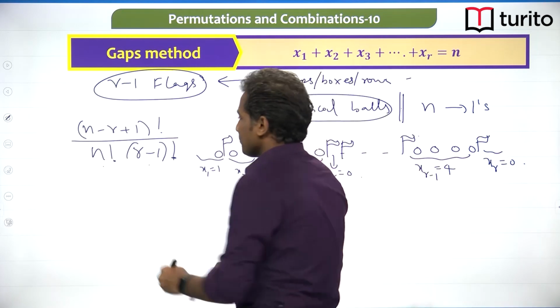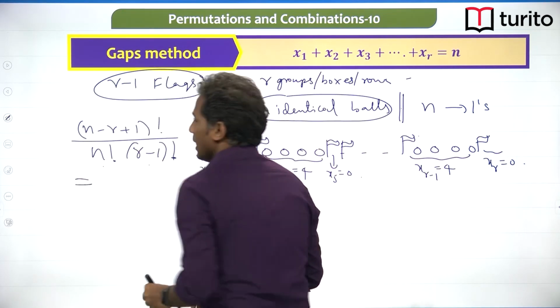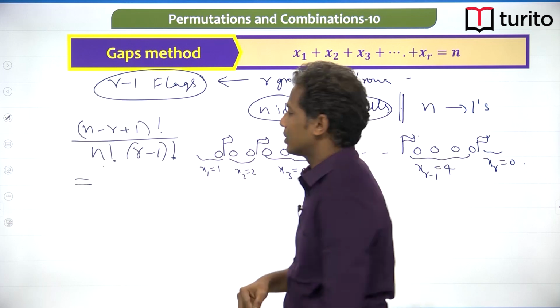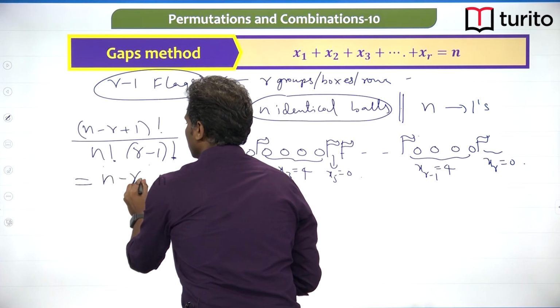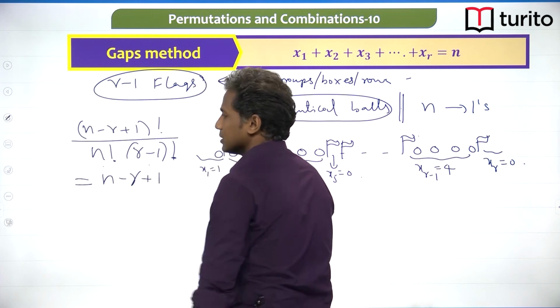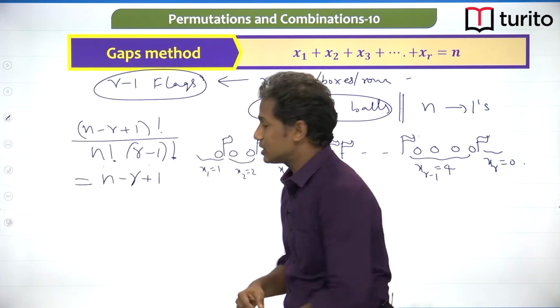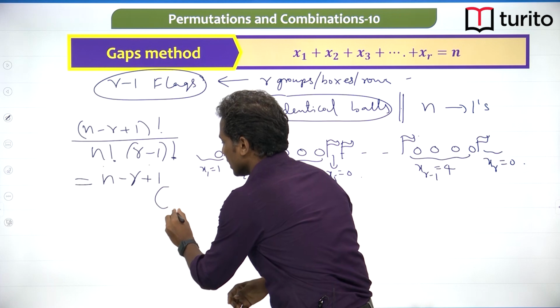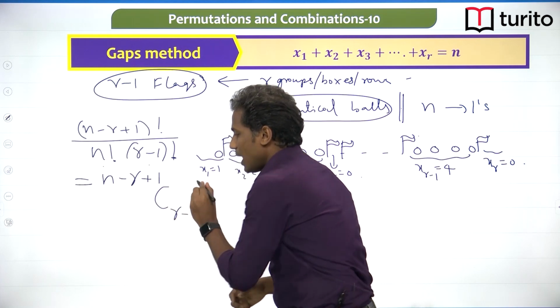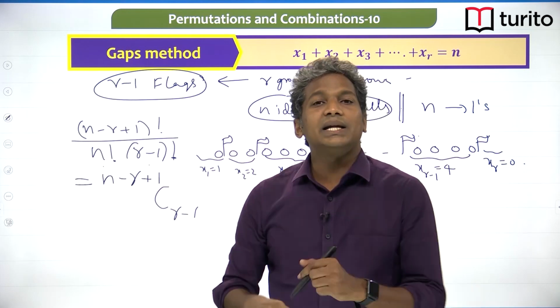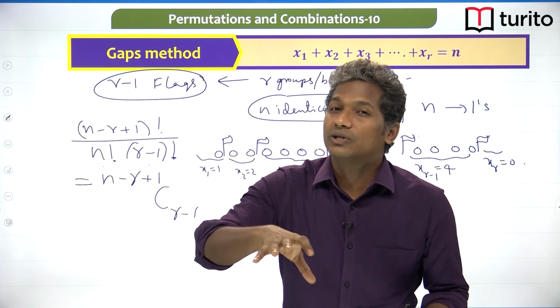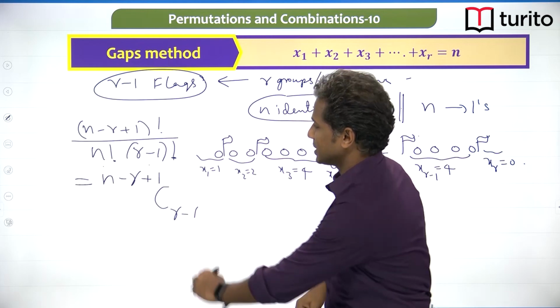So from these n plus r minus 1 locations, I am going to select r minus 1 locations, and I will arrange the r minus 1 flags in one way, and I will arrange the remaining n balls also in one way. So it is just this number.